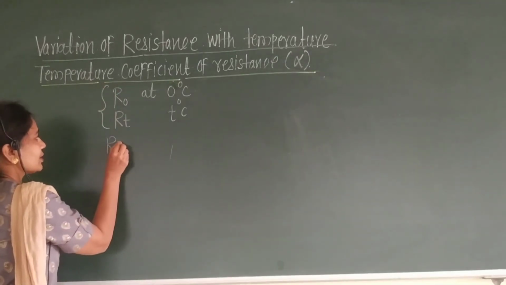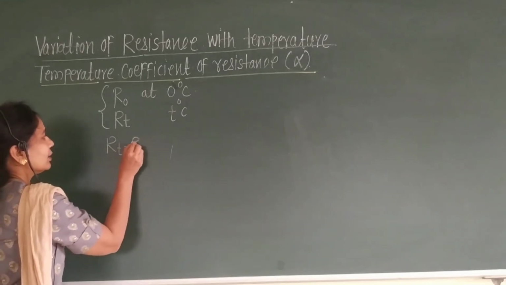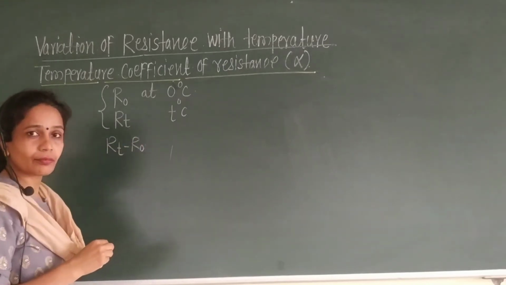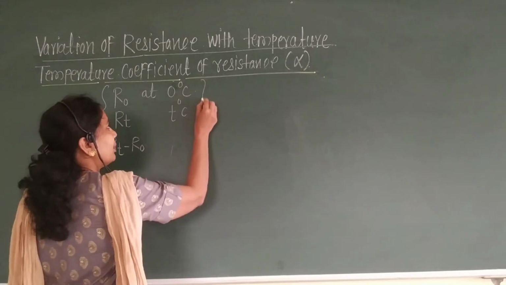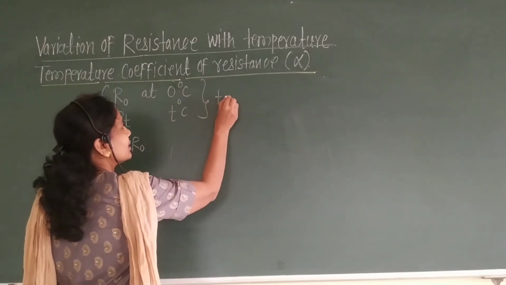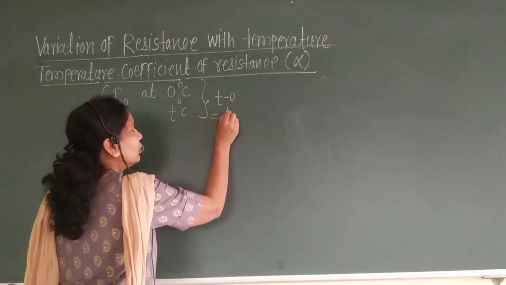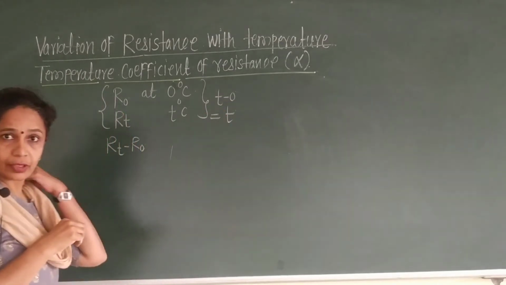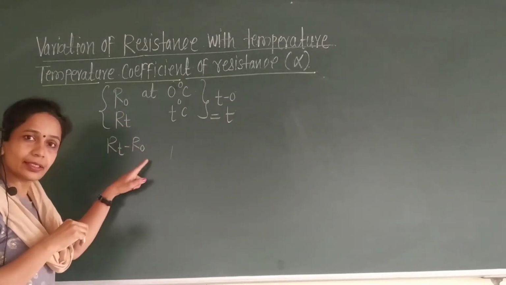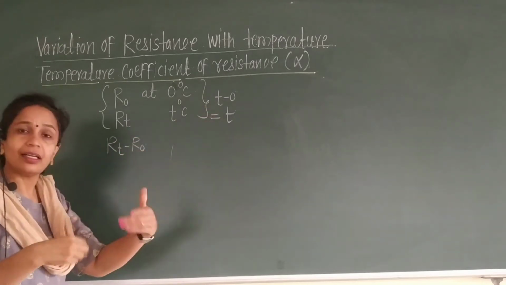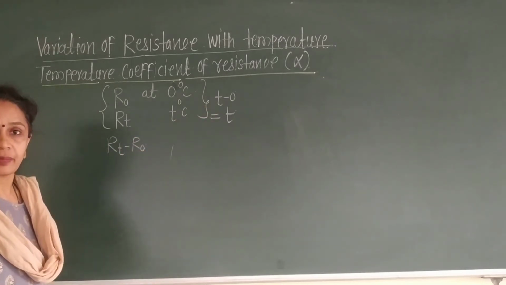Increase in resistance is RT minus R0. What is the increase in temperature? Increase in temperature is T minus 0, which is equal to T. It is the increase in resistance and it is the rise in temperature.